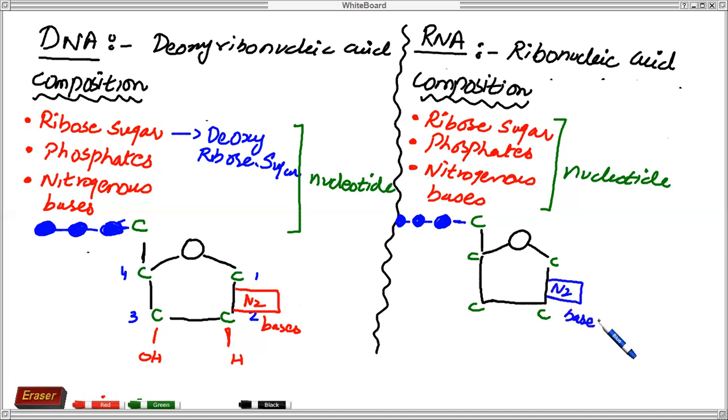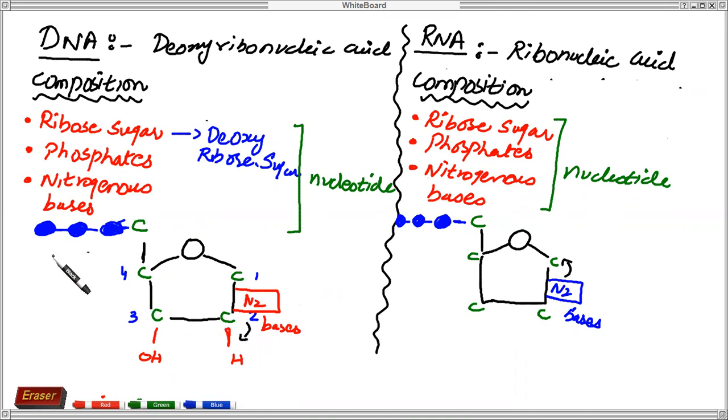As far as the nitrogenous bases in the RNA are concerned, the nitrogenous base is attached on the first carbon, while in deoxyribose it is attached on the second carbon.